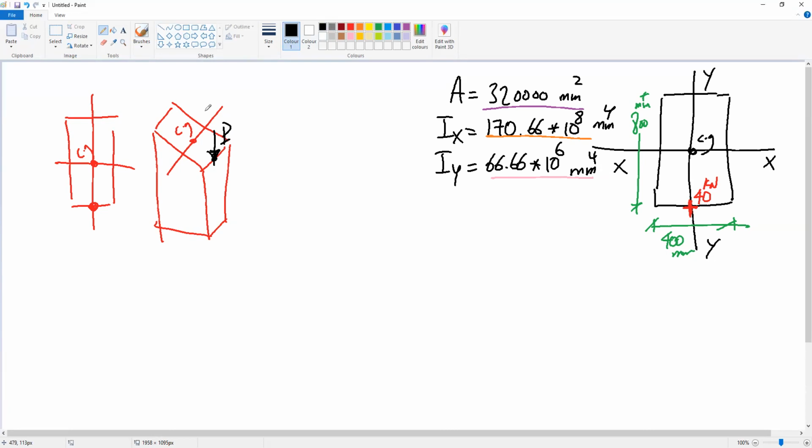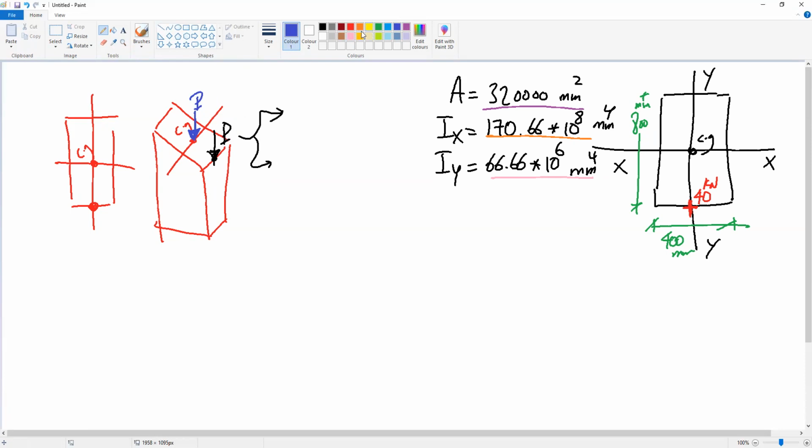So this force will cause two stresses, or will affect us in two ways. It will not be only an axial or compression force. We cannot deal with this force out of the centroid, so we need to move it to the centroid. When we move it to the centroid, we move it with a force and with a moment.